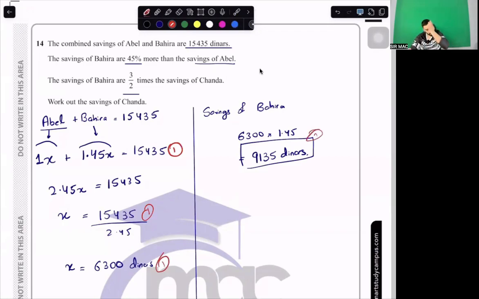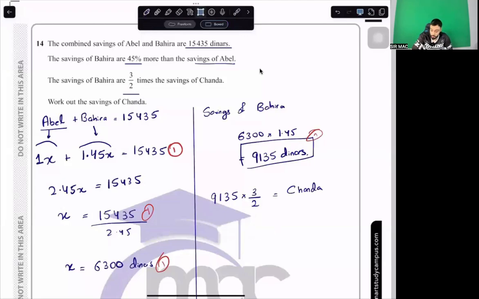2, 3, 4. Last but not least, the savings of Bahira are 3/2 times the savings of Chanda. So Bahira's savings of 9135 is 3/2 of the savings of Chanda. So you just have to multiply that by 3/2. Sorry, not multiply, divide. The savings of Bahira are 3/2 times the savings of Chanda.